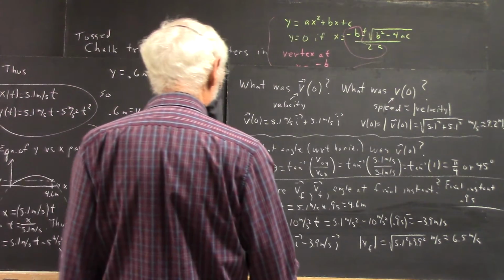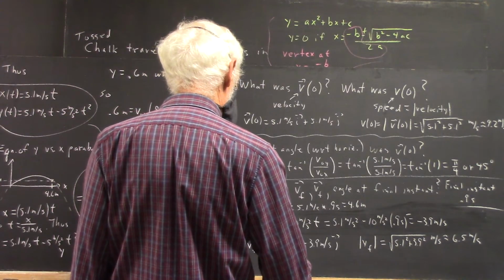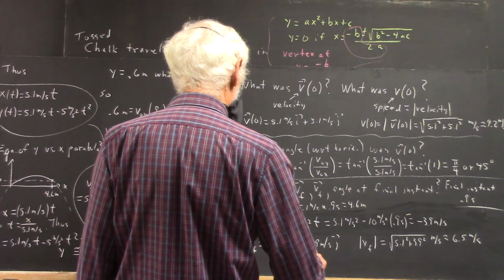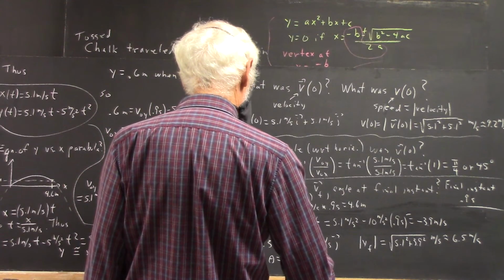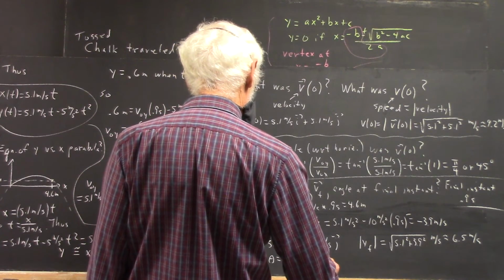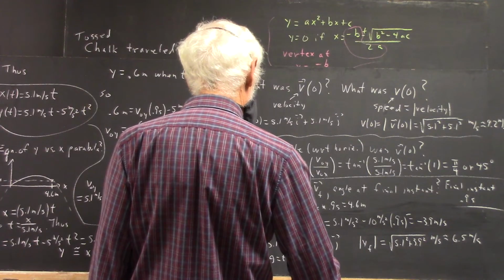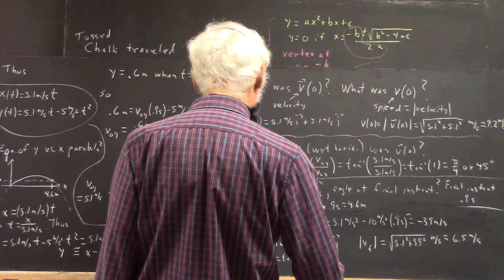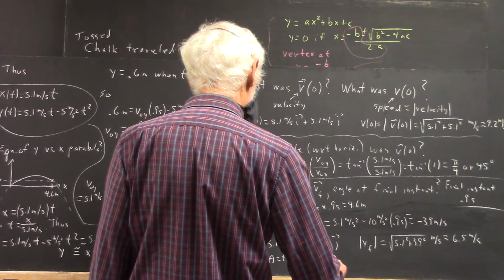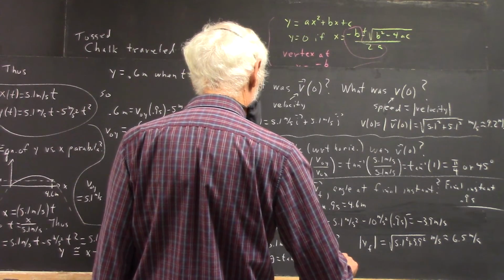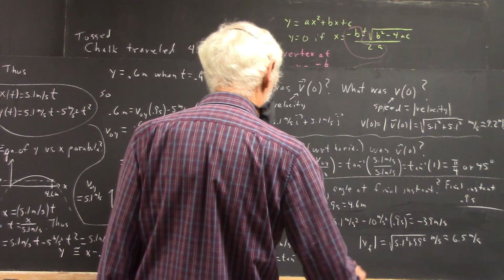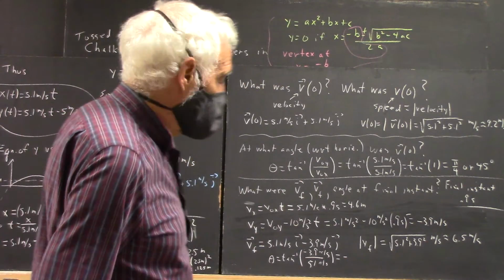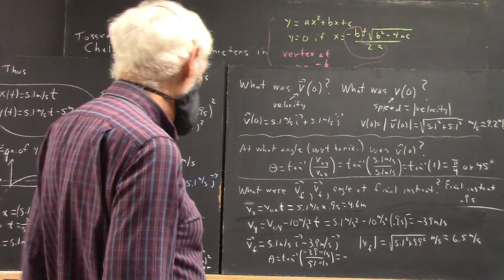And the angle is the arc tangent of negative 3.9. Let's put the meters per second in there, but it'll divide out over 5.1 meters per second. And that's going to be a negative angle.